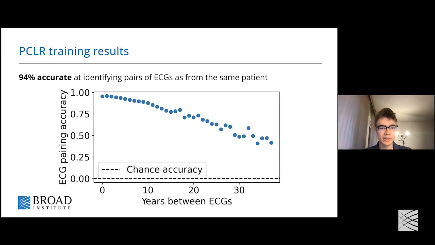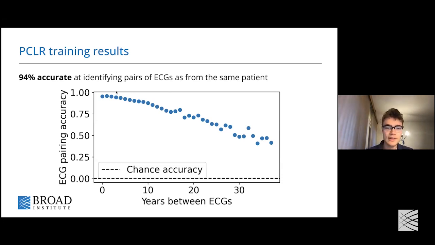And here I have a plot of the accuracy based on how far apart the two ECGs are. So at this 10-year mark, for example, this blue dot says that if the ECGs are 10 years apart, then the model has about an 80% chance or so of pairing the correct ECGs out of all the distraction ECGs.